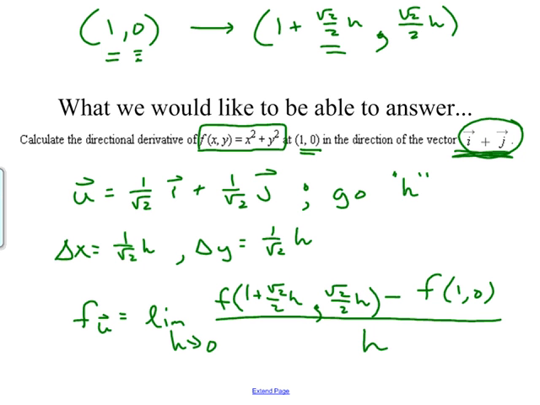So that's just looking at the change in z over my change in xy.